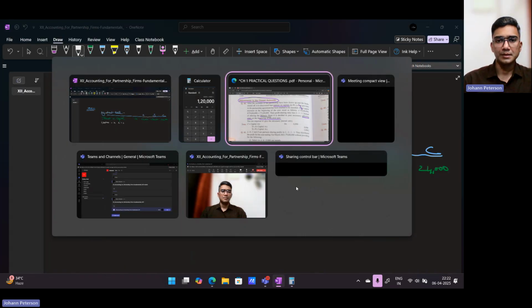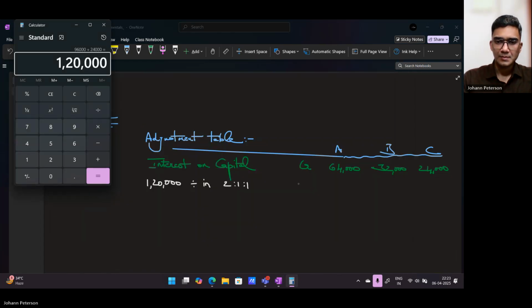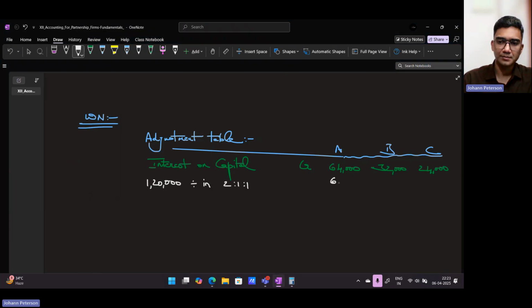So let's divide it. 1,20,000 into 2 divided by 4, which is 60,000. So we will write 60,000 here.